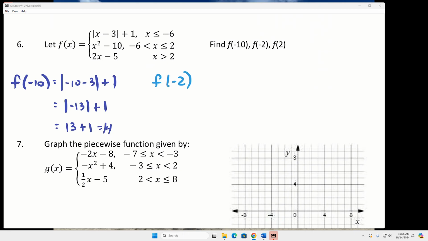Sure. All right, then we're going to plug in -2. What piece are we going to use for -2? Second one, good. -2 falls between -6 and 2.